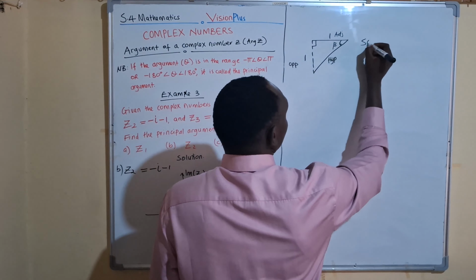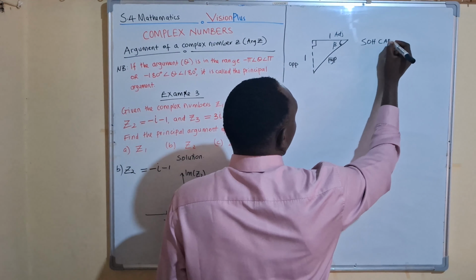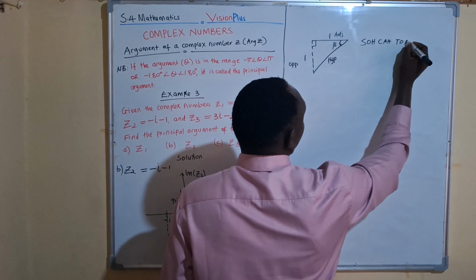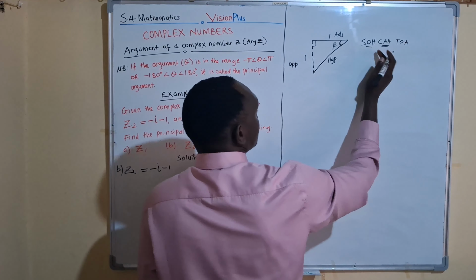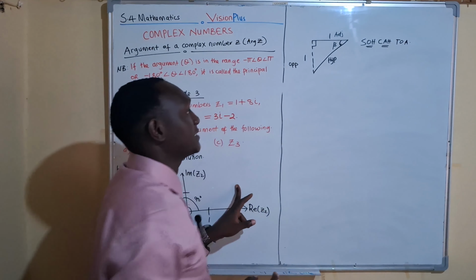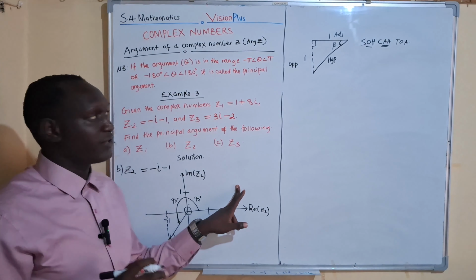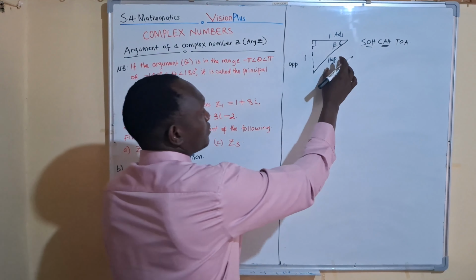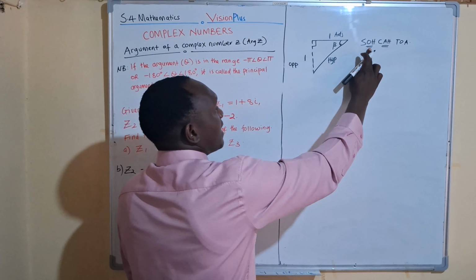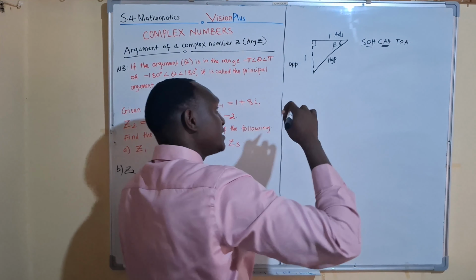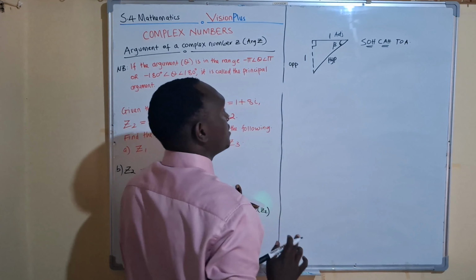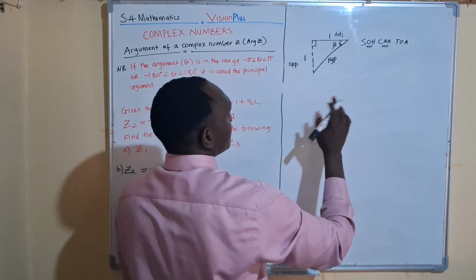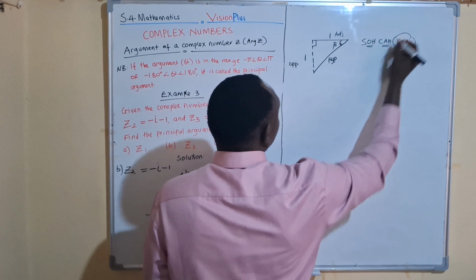So then you go to your SOH CAH TOA. There is no hypotenuse, so you cannot use sine or cosine. But you can apply Pythagoras theorem to find the hypotenuse, and then you use either sine or cosine, and you get the same answers as somebody who used tan. So since we have adjacent and opposite, let us just use tan.